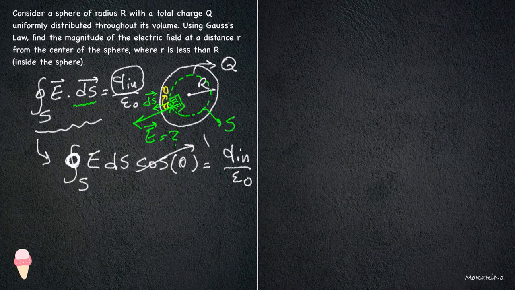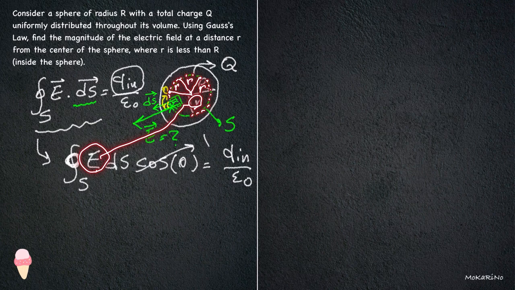Because the electric field here just depends on distance. This is distance r, and the electric field just depends on this r. As I told you, the electric field is on the surface, and all points have the same distance. For all of them you have r.